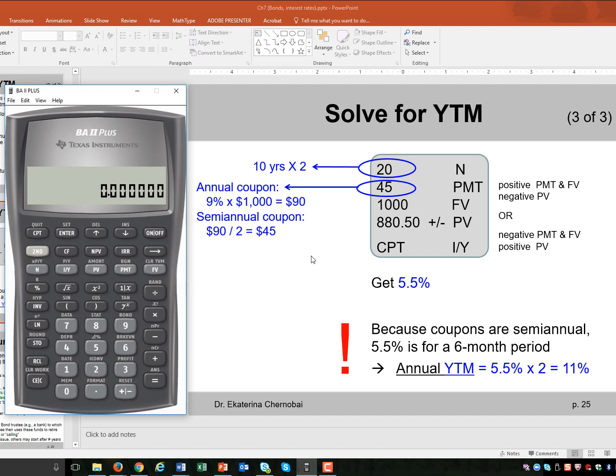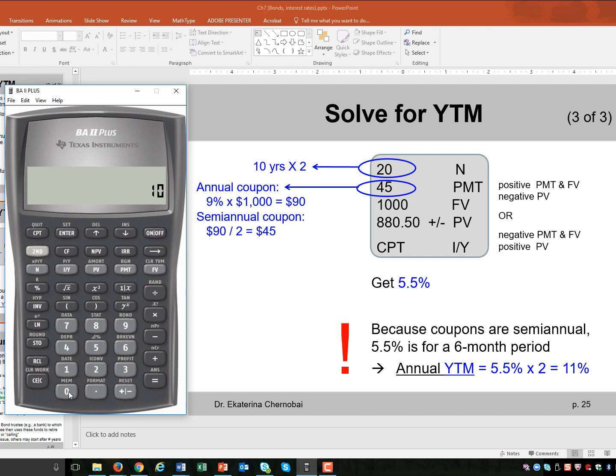So we need to solve for the yield to maturity, or IY, in the financial calculator. And we need to enter the number of coupons, which is 20. So 20 N. Then the coupon amount itself, or the payment, PMT, is 45 PMT. Because I left it as positive, my $1,000 face value or the future value should also be positive.